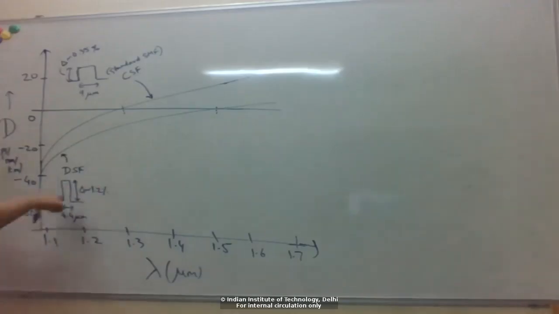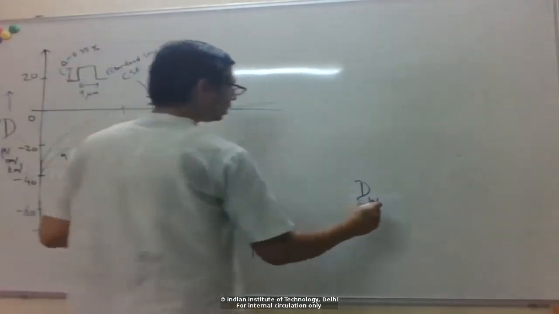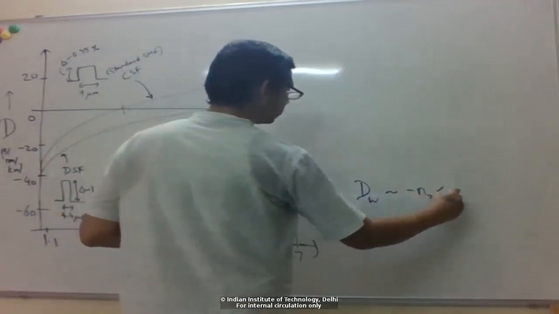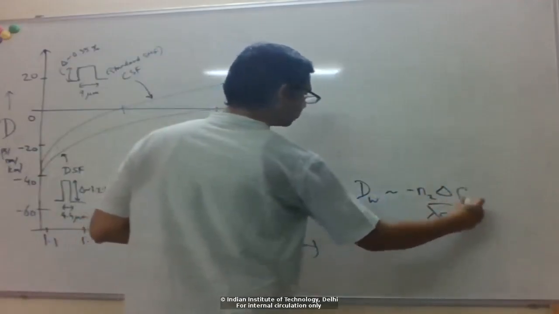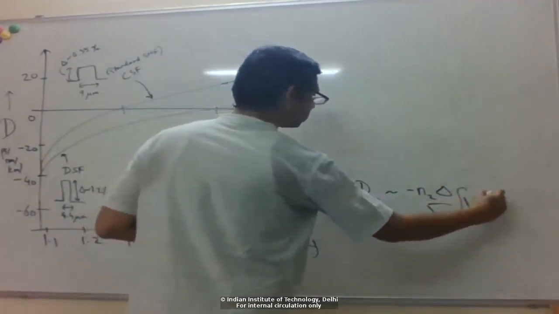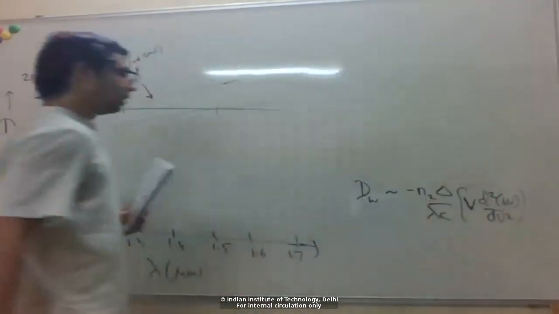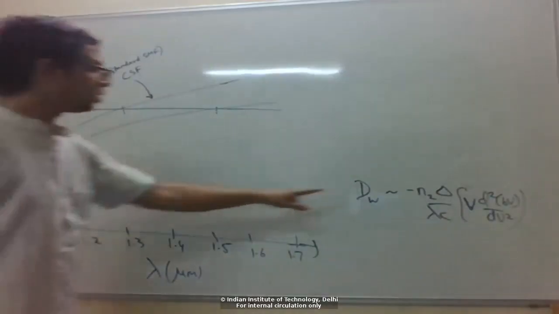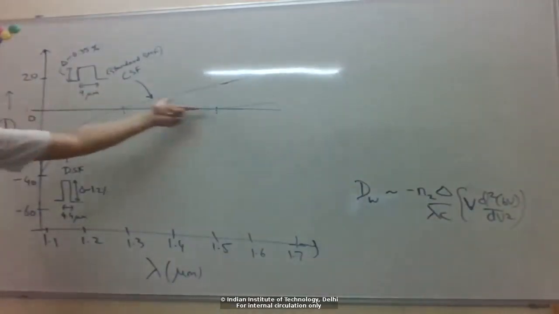And again, recall that the waveguide dispersion depended on this index contrast, and then some function of the n. So basically we will increase the index contrast, so the waveguide dispersion becomes more negative, so the overall dispersion shifts down. Okay, hence the zero crossing.